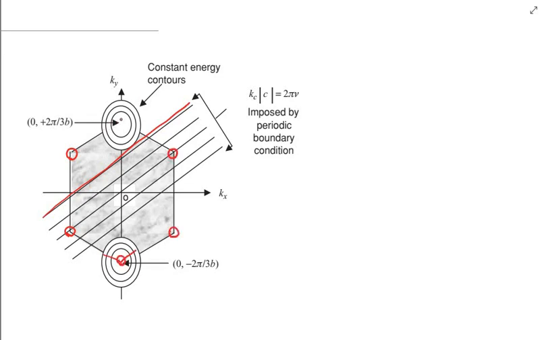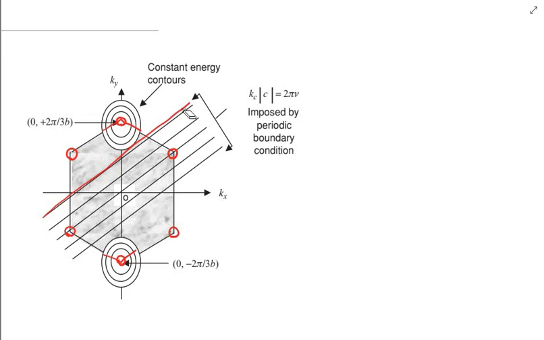If any of these lines corresponding to a given value of v passes through any of these corner points, then that subband would not display any energy gap, because these corner points are precisely the points at which the energy gap is 0.